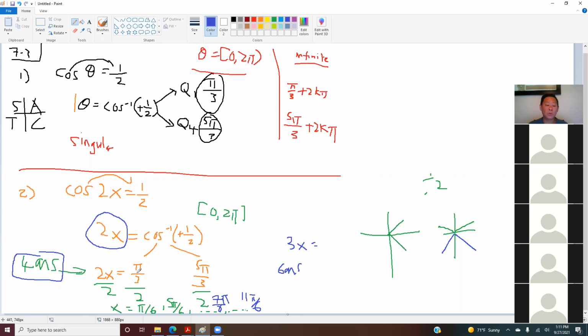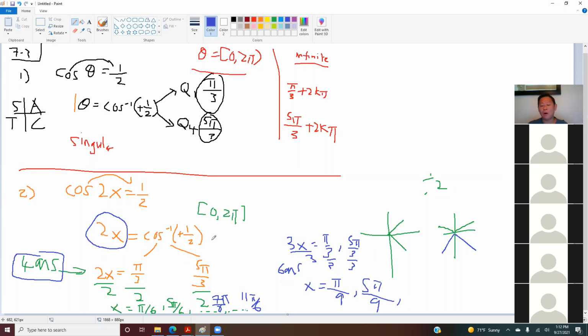So for example, 3x in this case is pi over 3 and 5 pi over 3. So in order for us to do this, we have to divide this by 3. So you will get pi over 9, because 3 times 3 is 9, and 5 pi over 9. And don't forget, this is just 2 answers. As I mentioned, you need 6 answers.